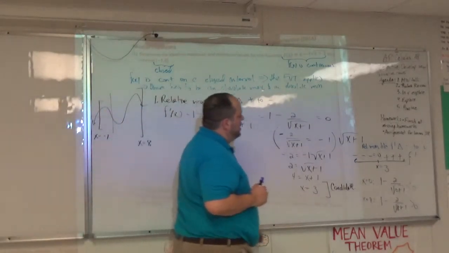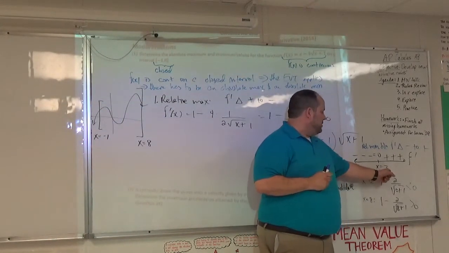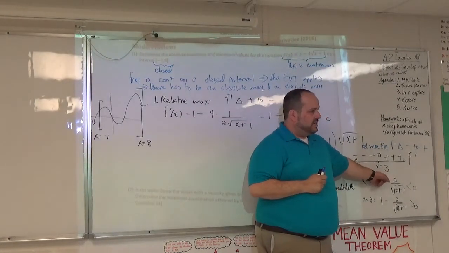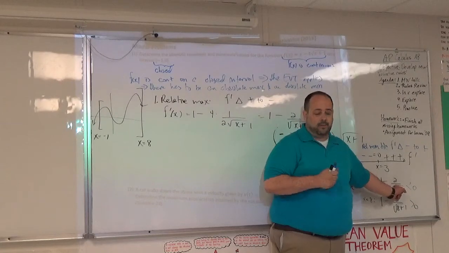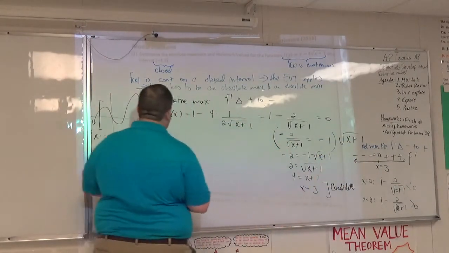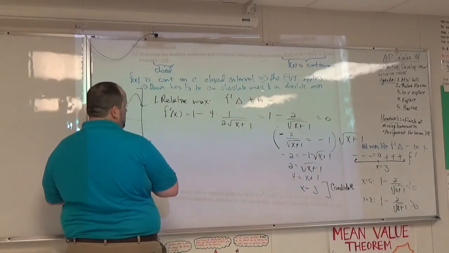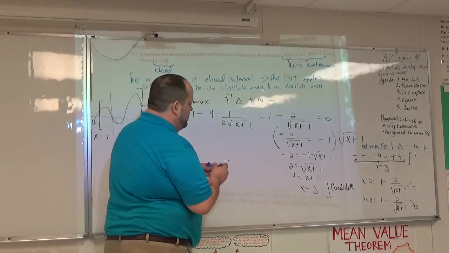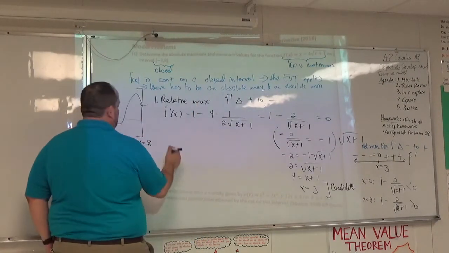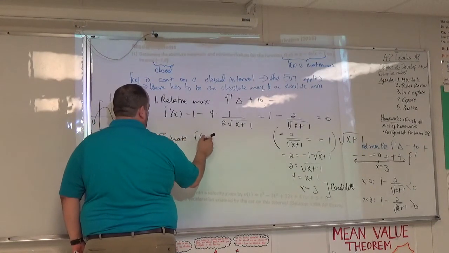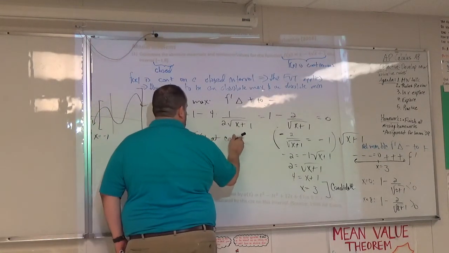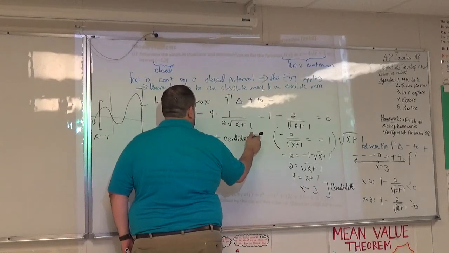Okay, what we know is that my graph has a relative minimum at x equals 3, but we don't know if this is the lowest point. So here's the thing. Once you find your derivative, then you figure out your candidate. What we're going to do is evaluate f at the candidate and the endpoints.